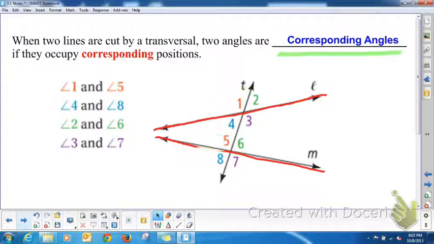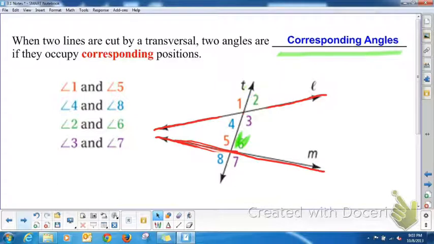Another pair of corresponding angles would be 4 and 8. Angle 4 is on the bottom of line L on the left. Angle 8 is on the bottom of line M on the left when they're cut by the transversal. So they're corresponding. Another pair of corresponding angles would be 2 and 6. 2 and 6, they occupy this top right space.